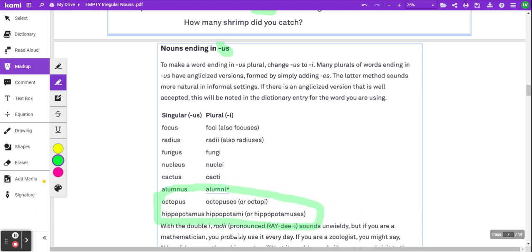So octopus, ¿qué es octopus? ¿Ustedes saben octopus? Pulpo. Yes, octopus. So, octopus is uno. Octopi or octopuses sería más de uno, more than one. Hippopotamus, hipopótamo, or hippopotami would be more than one.